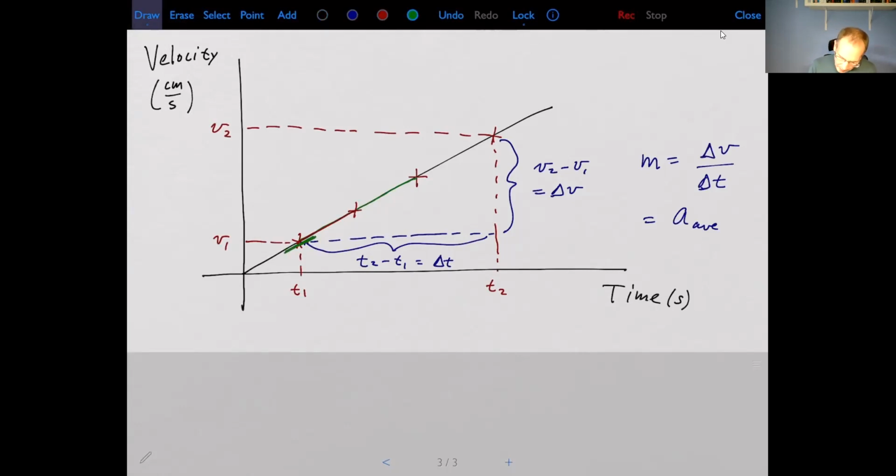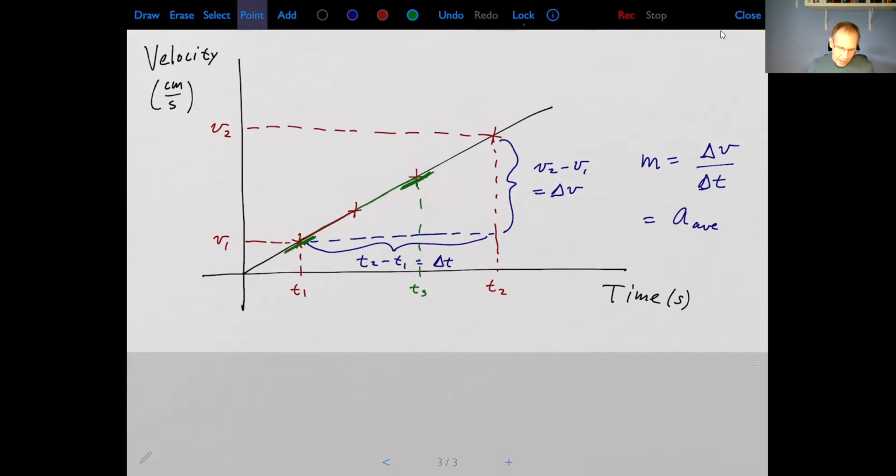If I want to know at some other point, let's say at this point, call it T3, I go to the graph, I draw a tangent line, and it's the slope of that tangent line, and so on and so forth. So in this case, again, because it's linear, that slope is not changing. So what does that mean in terms of acceleration? It means the acceleration is constant, right?